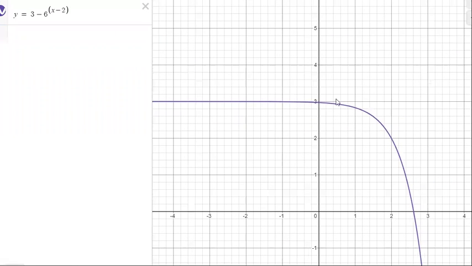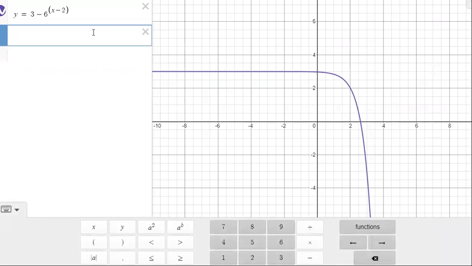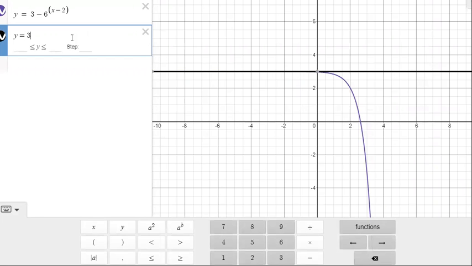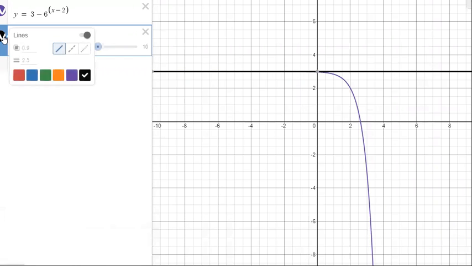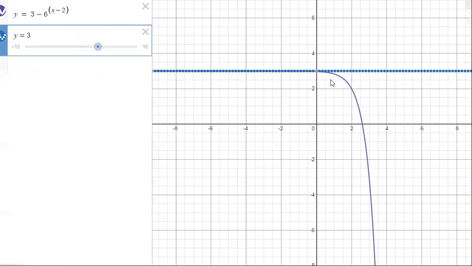Okay, so we zoom out and we see the function. That's going to be y. And my horizontal asymptote is going to be that constant that's off to the side, the positive 3. I'm going to graph that as y equals 3, and I'm going to change that to a blue dotted line. I do that for all of the asymptotes.